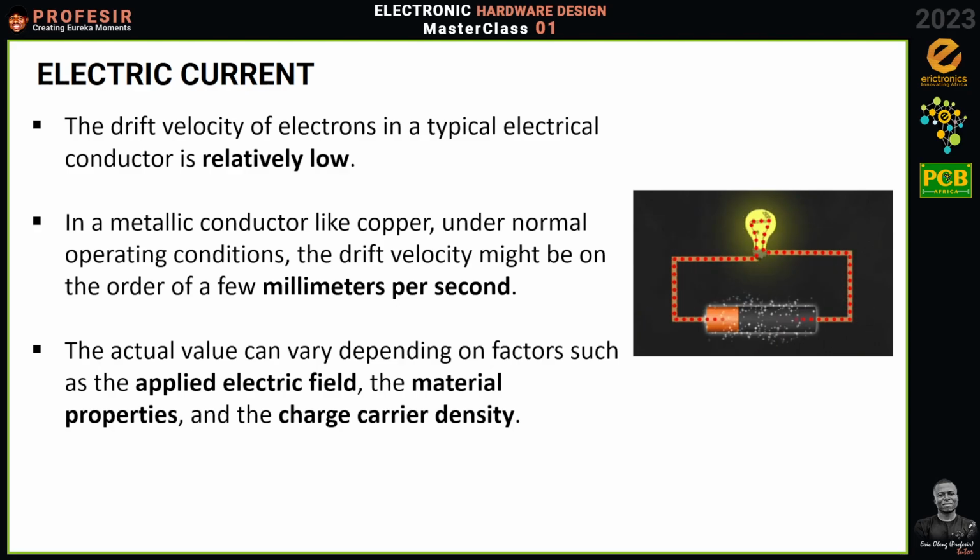How can you say that something moving at a few millimeters per second transports something that is moving at 300 million meters per second? That is not possible, and that is something that I need you guys to understand.